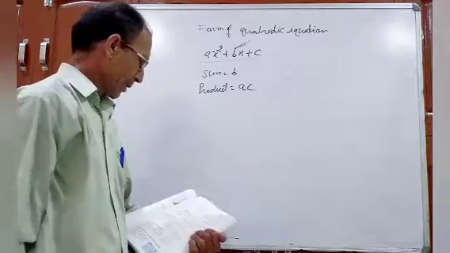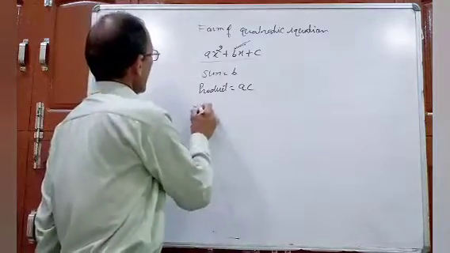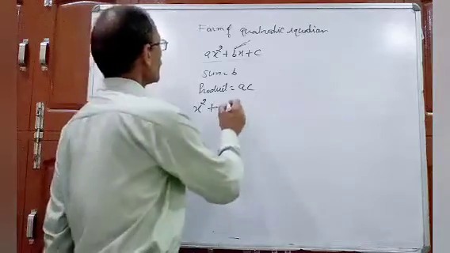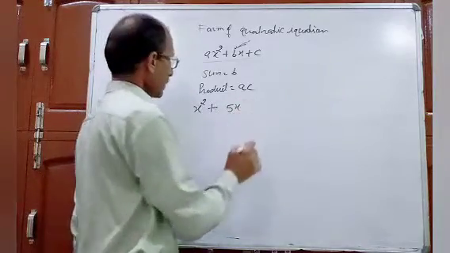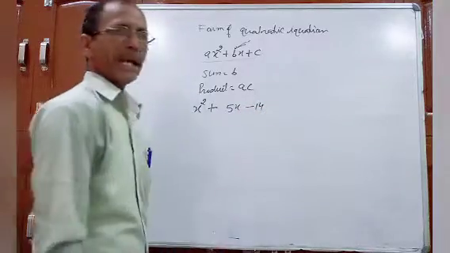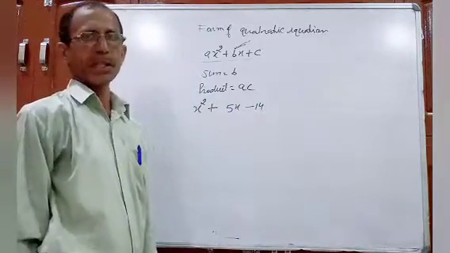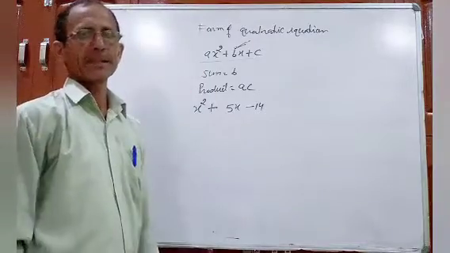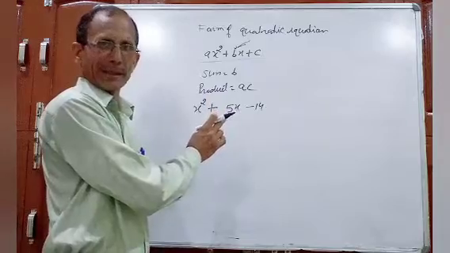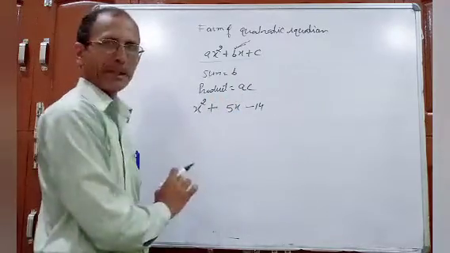So see, one question is x square plus 5x minus 14. How will we make the factors? You will understand easily if you apply this method.